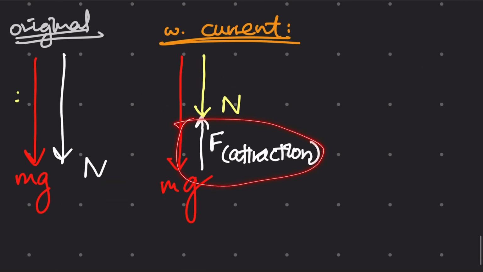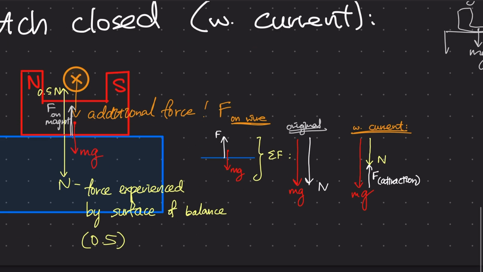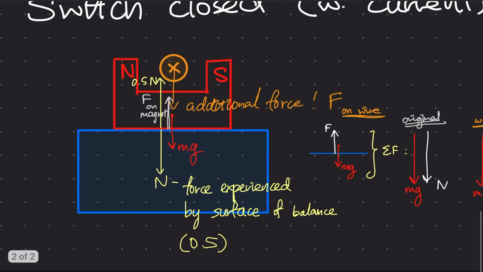Because this force acts upwards, it brings the magnet physically upwards by a little bit. It decreases the normal reaction force, or the contact force, that the magnet exerts on the balance. So hence, we now have a normal reaction force of a smaller value for the pair.